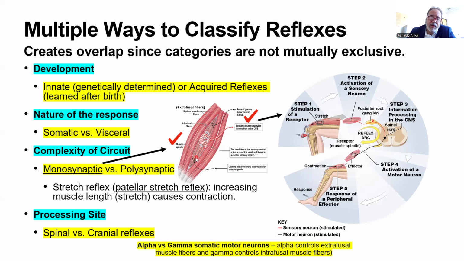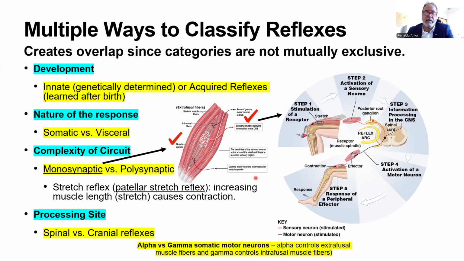The intrafusal fibers are controlled by gamma somatic motor neurons in the anterior gray horn. Okay, so you want to keep that in mind. Like you have alpha and gamma somatic motor neurons, and so they could ask you about which fibers in the muscle gamma controls. That will be intrafusal fibers, gamma, alpha extrafusal fibers.